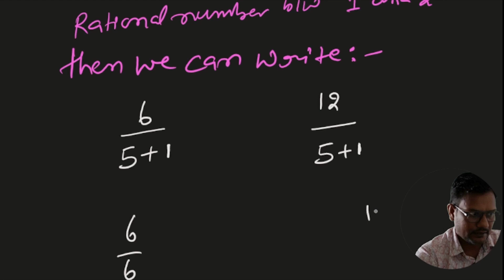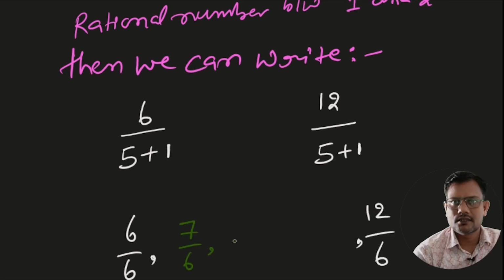Then we can say 7 by 6, 8 by 6, 9 by 6, 10 by 6, 11 by 6. Understood?